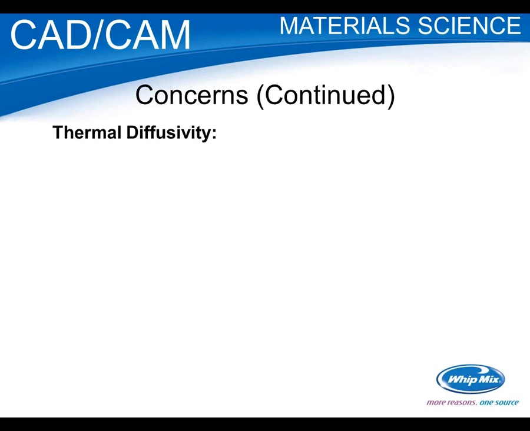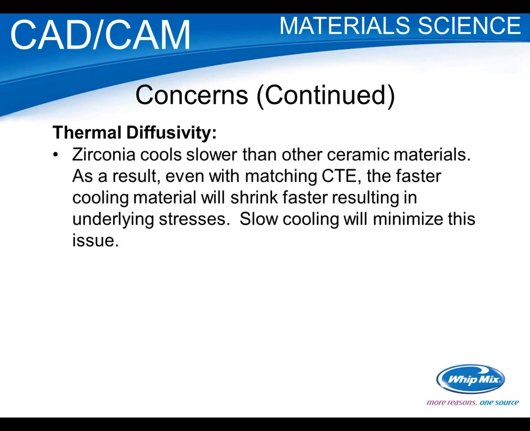Other concerns are thermal diffusivity. Man, that's tough for me to say, huh? This also was a problem early on in that when they started applying porcelain to zirconia, they were getting spalling, cracking, and a host of issues and problems. And so they thought, well, we need to make sure we match the coefficient of thermal expansion between the two, and they did, and it didn't help the problem.